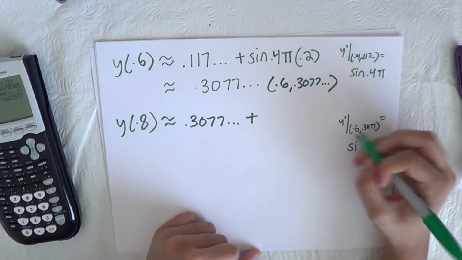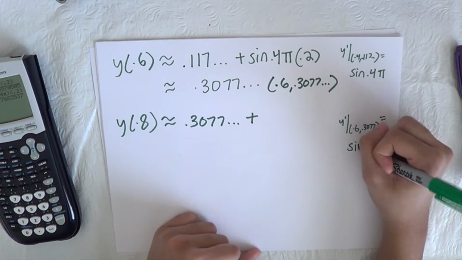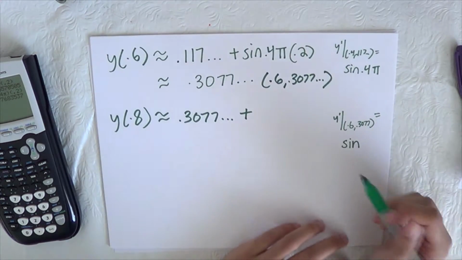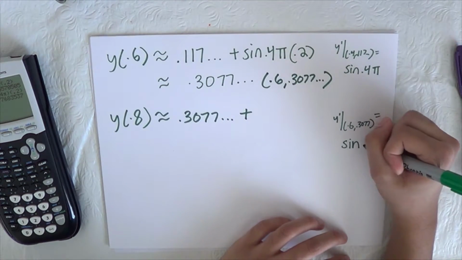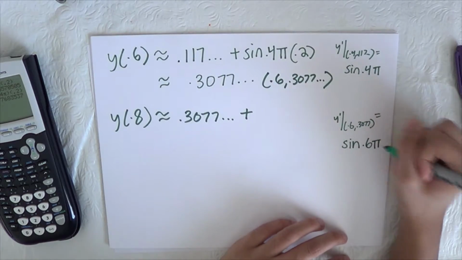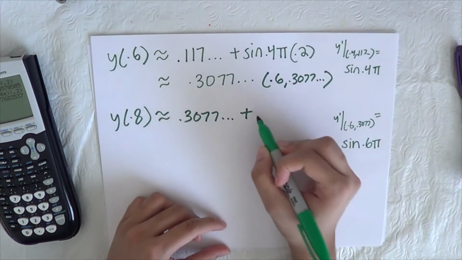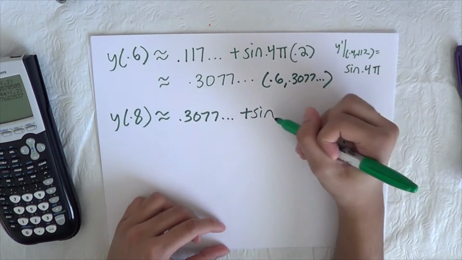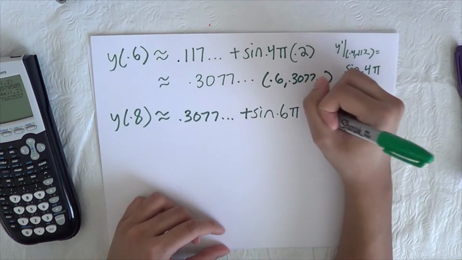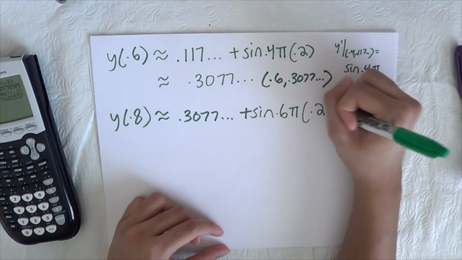We only plug in our t, which is 0.6, because our derivative function was only using the t value, so 0.6 pi. So we plug in our slope, which is sine 0.6 pi times our delta t, which is 0.2.